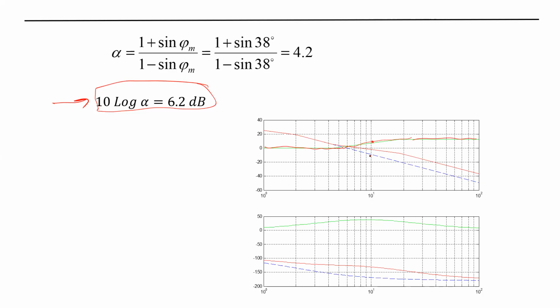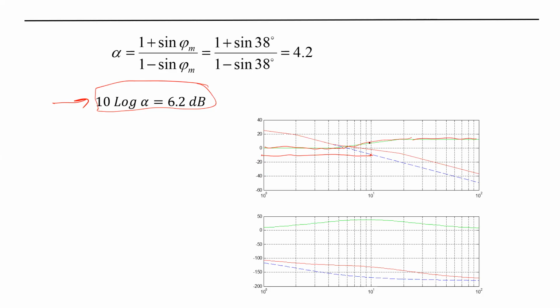So I will read what this frequency is in here. First of all, I will go and find what is minus 6. From the original system, I will read at minus 10 log alpha, which is, let's say, 6.2. So I will read from here.